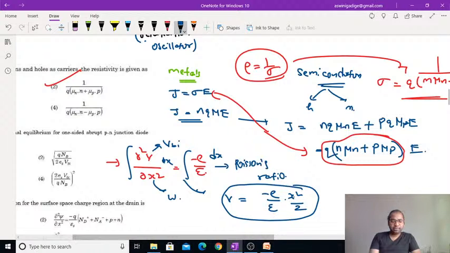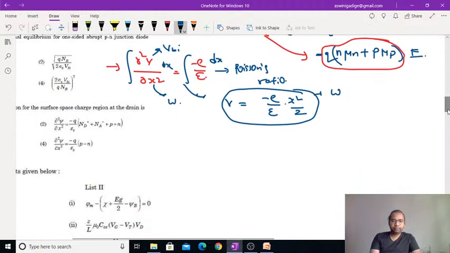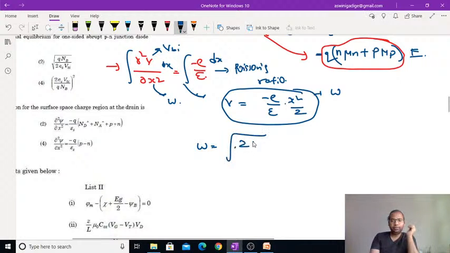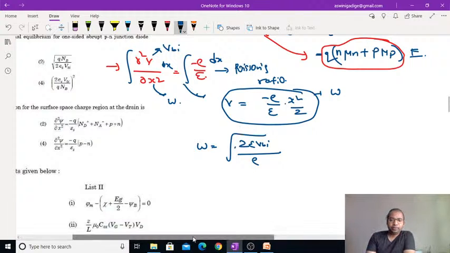So here let's take x as a width. From this expression W can be taken as root of 2 epsilon barrier potential divided by rho. Okay, so just forget about the negative values, focus only on the magnitude.